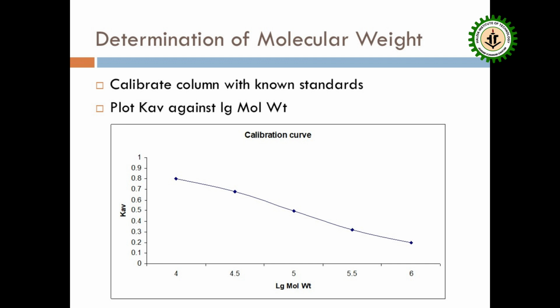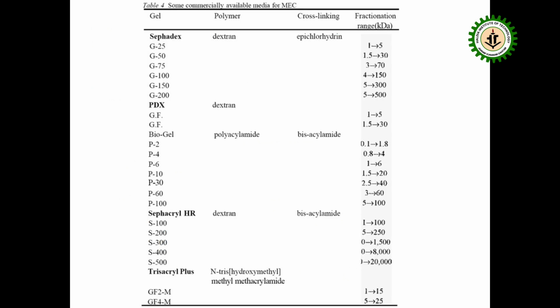Calibrate the column with known standards. Plot KAV or KD against the molecular weight of the protein. This shows the different size exclusion chromatography or gel permeation chromatography media.